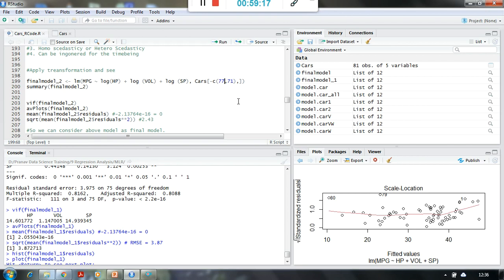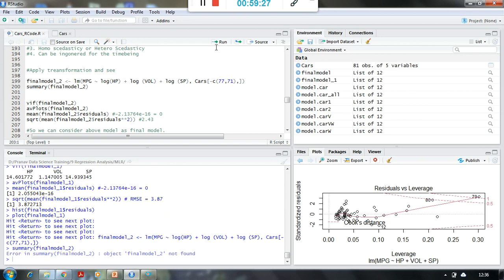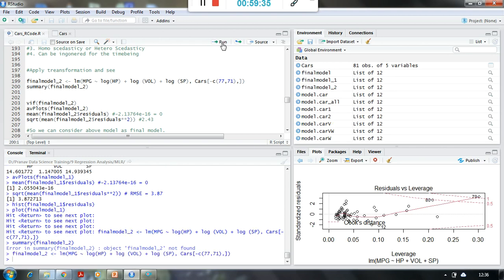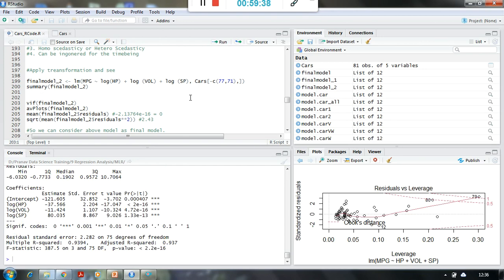I am also deleting the 77th and 71st observation. I have also deleted the weight column, and MPG is my output variable. Writing the final model 2, and look at the summary. Sorry, what happened? The model has not run. Okay, built it. So my final 2 model is ready, and this is my summary.